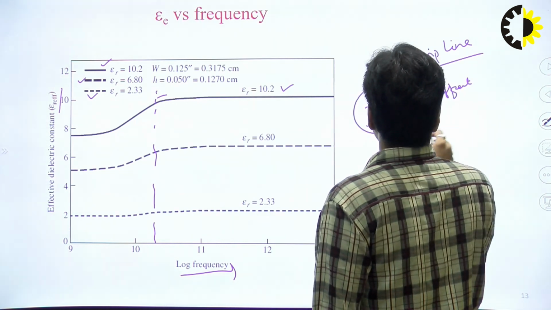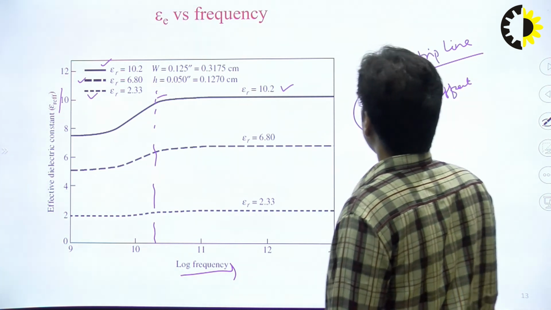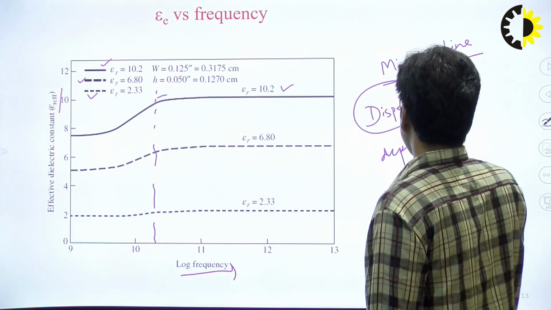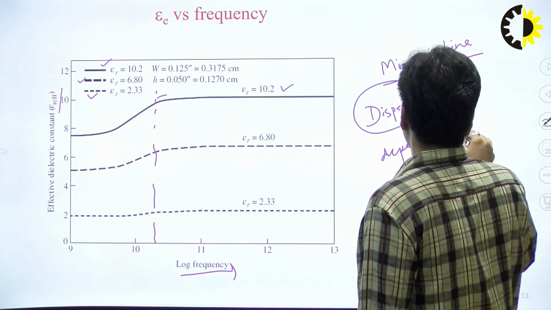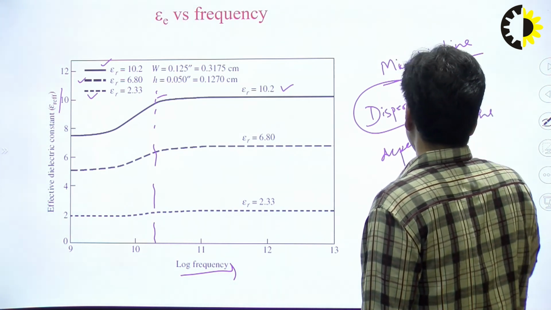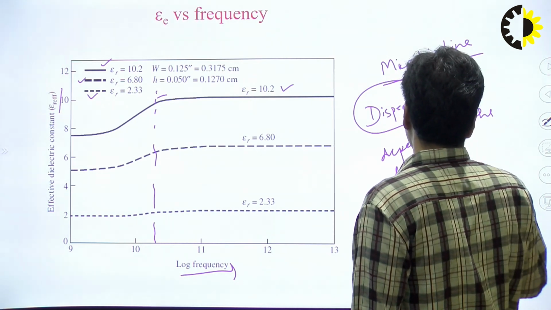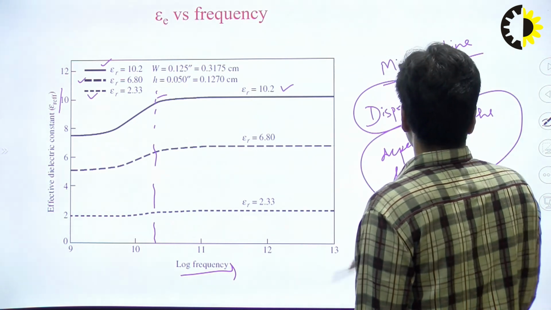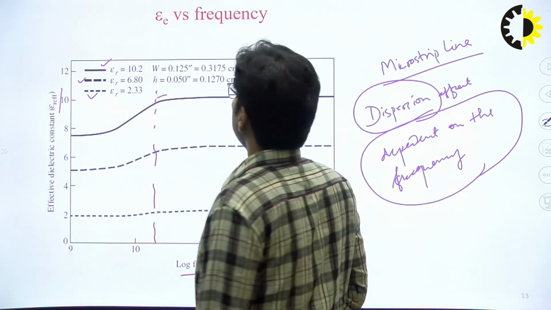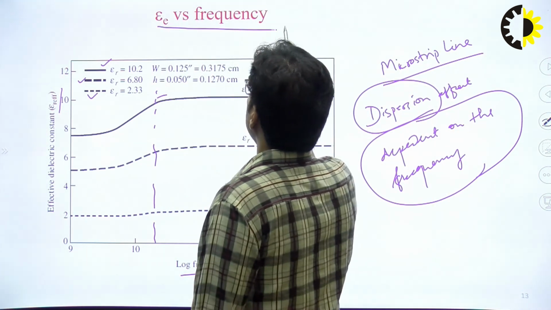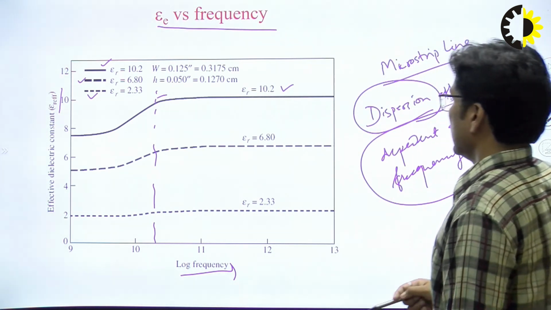Dispersion is when the parameters of the microstrip line are dependent on the frequency. This is known as the dispersion effect. Right. So this is all about the effective relative permittivity versus frequency.